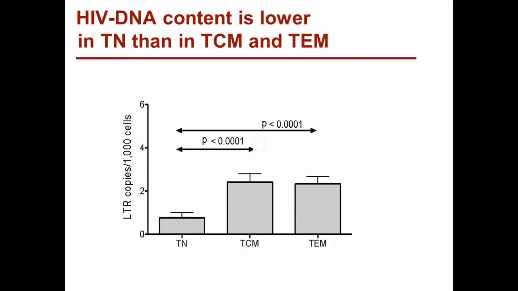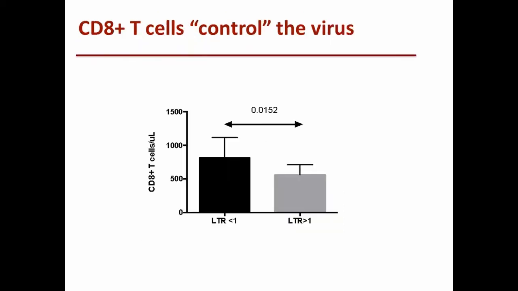We already knew this from the literature, but it is always nice to confirm some data. In naive cells, the amount of virus was about one-third of what happens in central memory or effector memory cells.